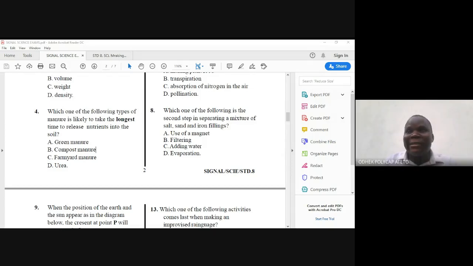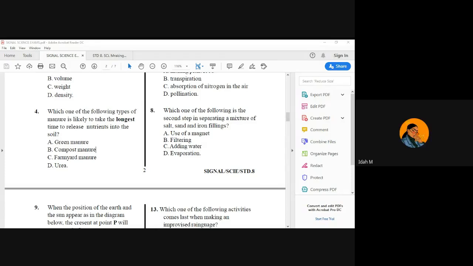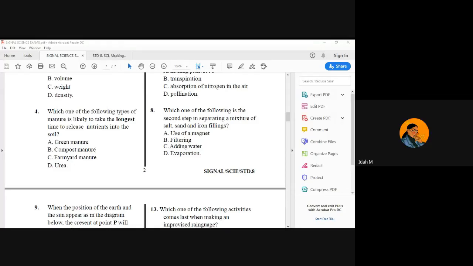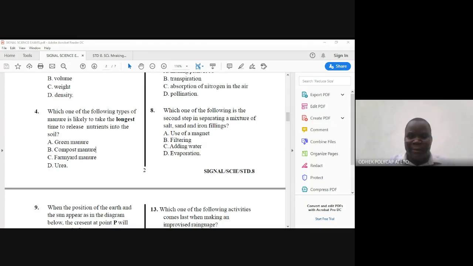Sometimes you can be asked, which one of the following layers will add minerals to the compost? Ida, kindly mute. Correct. Thank you. Which one adds minerals to the compost? Who knows the answer?